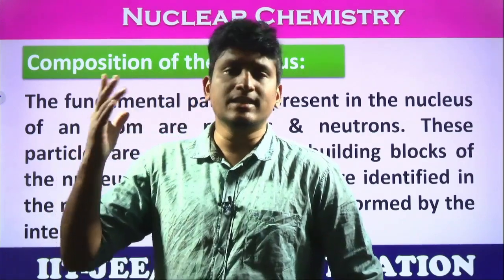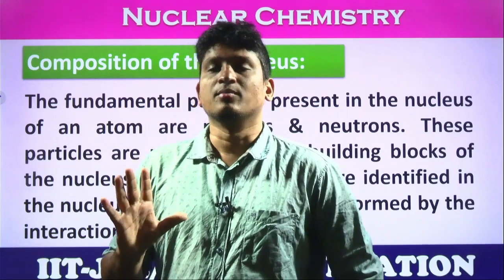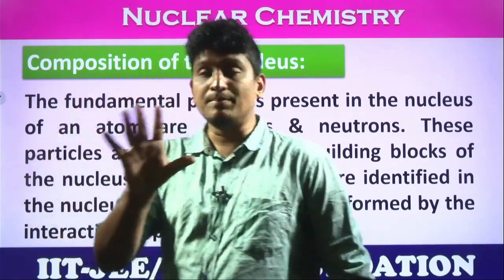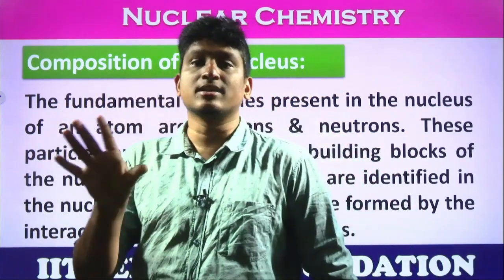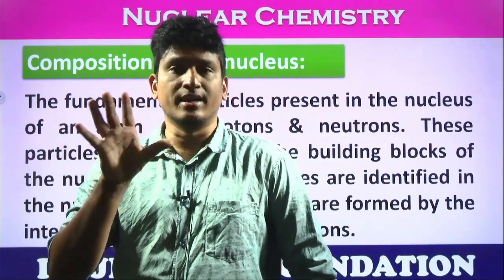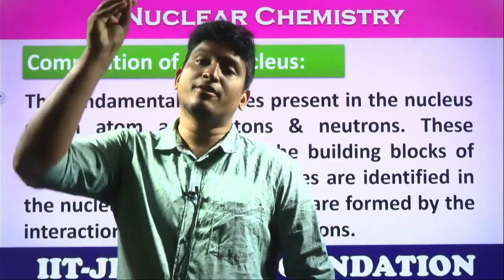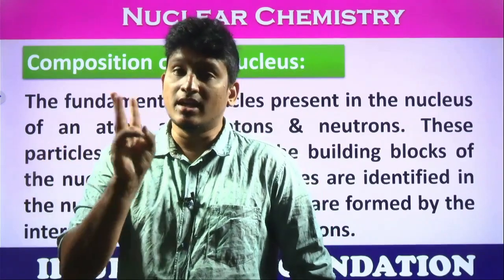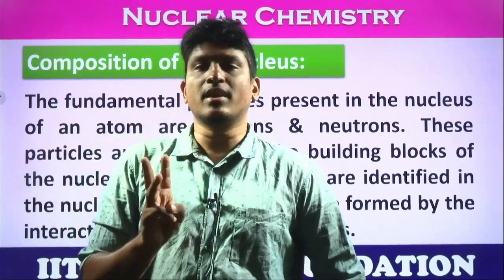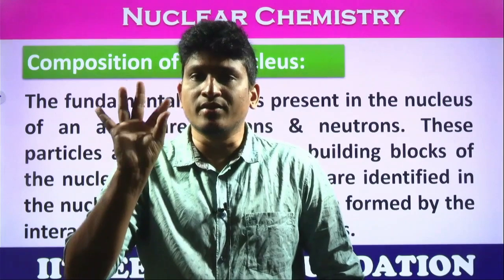Like that, many subatomic particles are there. Almost 12 main particles of matter are identified, and they are also made up of many. Understood? But ultimately, the three main subatomic particles are protons, electrons, neutrons.